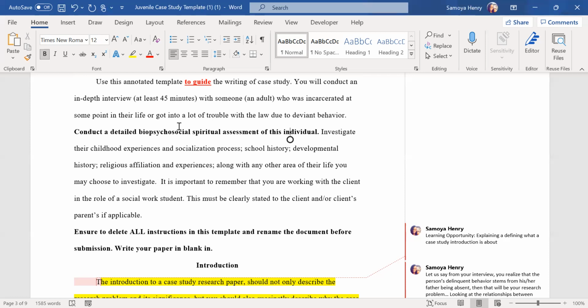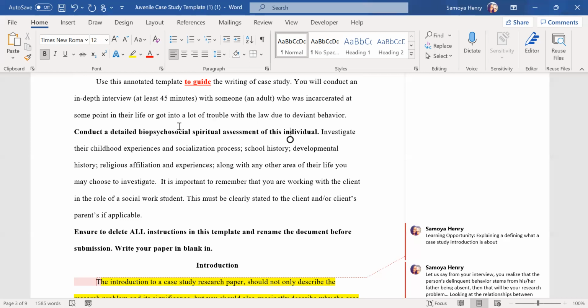You're asking questions about their experiences, whether it's their past experiences or their presenting problems, to try and determine what contributed to the issue, what caused this delinquent behavior.